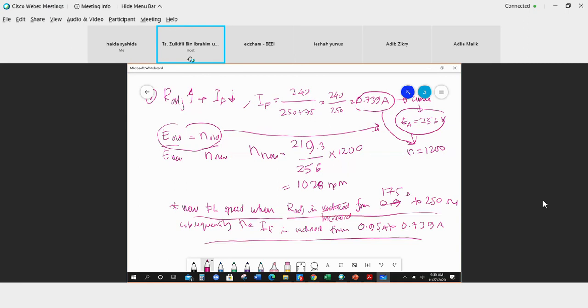Maksudnya you have a new full load speed bila your IF is reduced from something value to a new value. Okay. Tapi the machine, yeah, of course, the machine is still running at a full load. Full load means yeah, full load. IL is equals to 110.